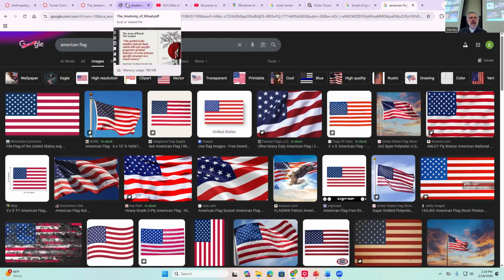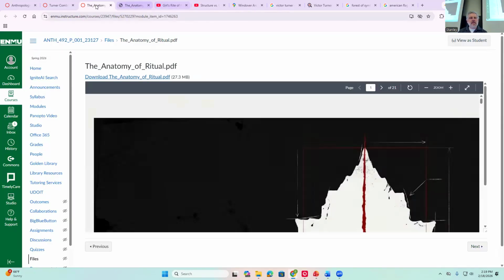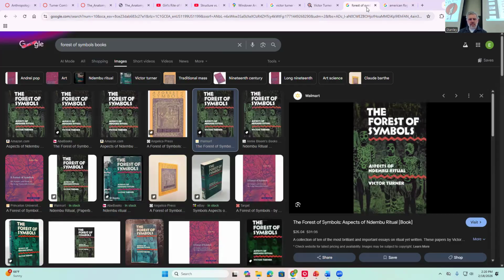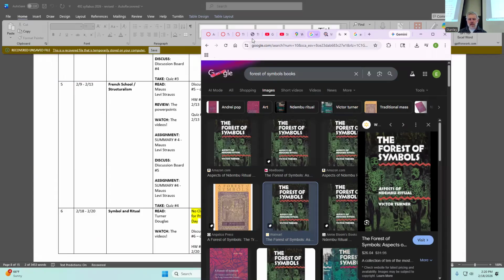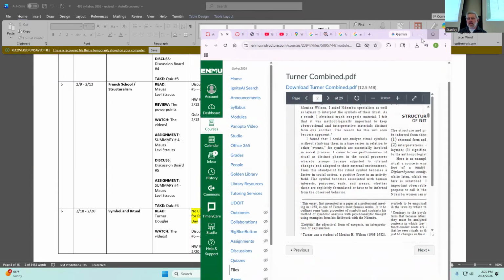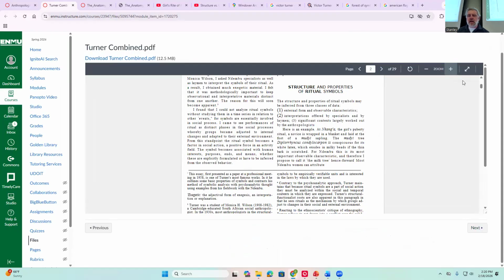He says that when we analyze any symbol, whether in our own society or in other societies, we should use a three-pronged method of understanding. One is the external form and observable characteristics.